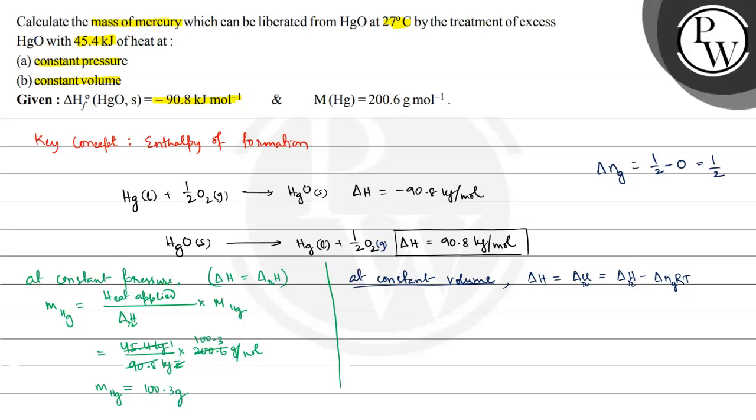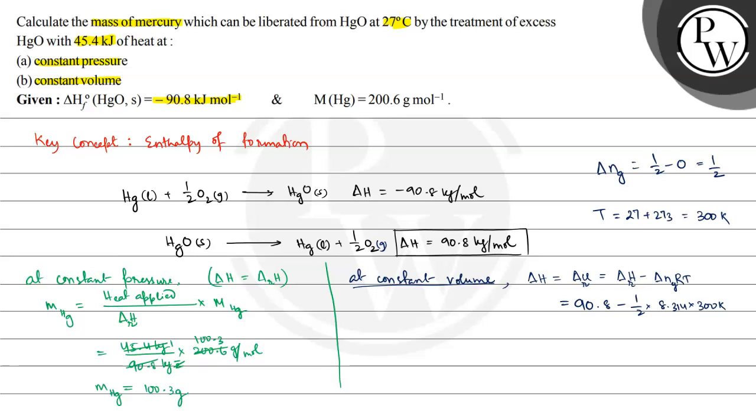Alright, so इसको अगर हम यहाँ पर calculate करें, then this will be 90.8 minus delta Ng is 1/2 multiplied by R, that is 8.314 joule Kelvin inverse mole inverse, multiplied by temperature. Now यहाँ पर temperature given है 27 degree Celsius. So temperature will be 27 plus 273 Kelvin, which is equal to 300 Kelvin. So this multiplied by 300 Kelvin.